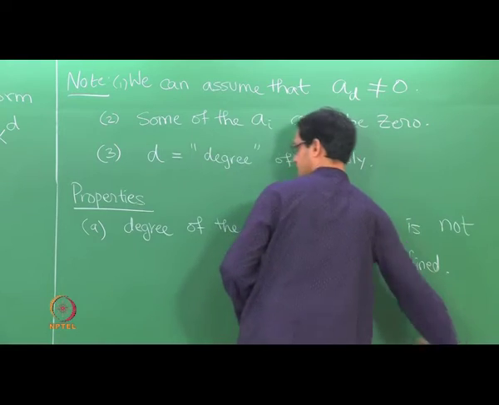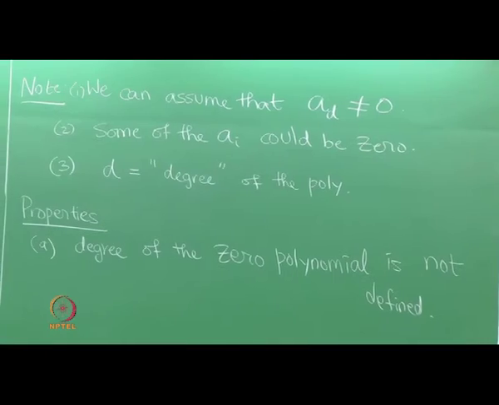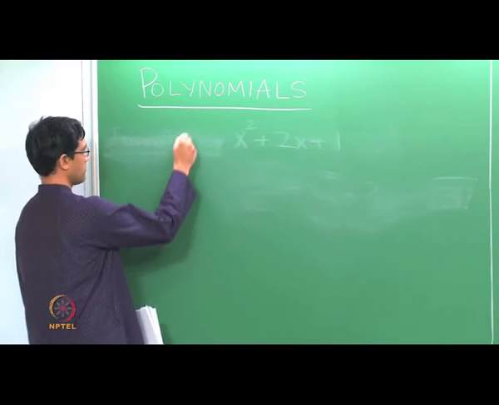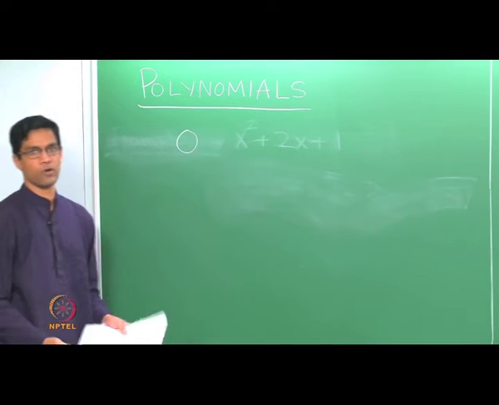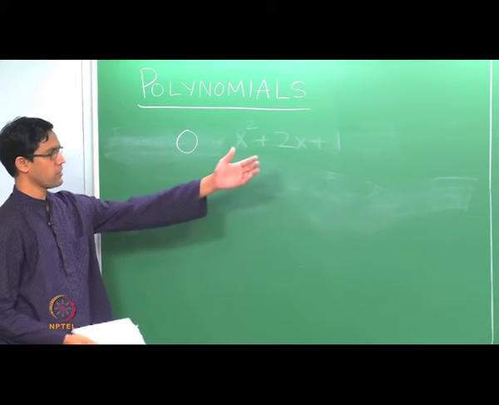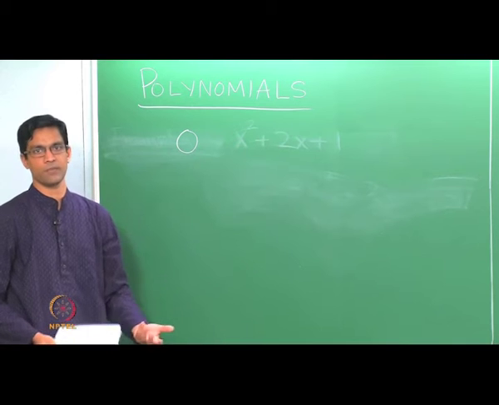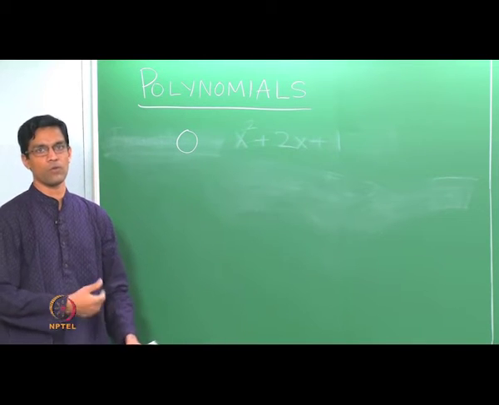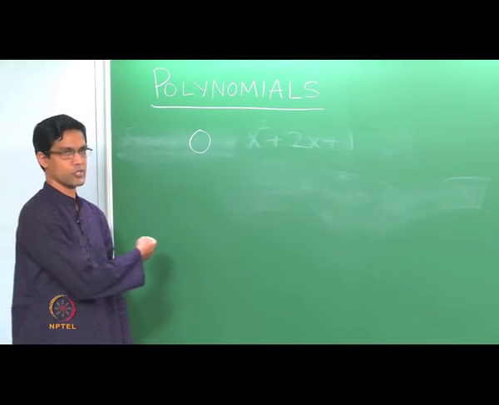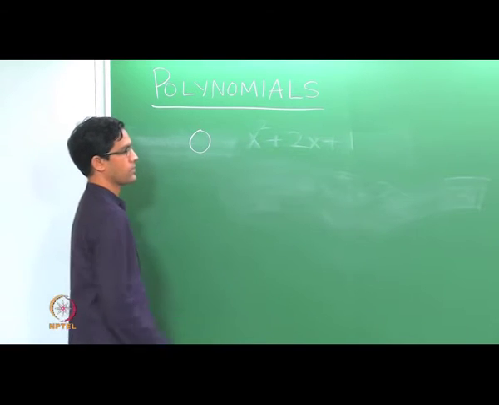What do we mean by the 0 polynomial? When we say the 0 polynomial, we just mean all the ai's are 0. There is no power of x which appears, it is only a constant term, and the constant term is 0.